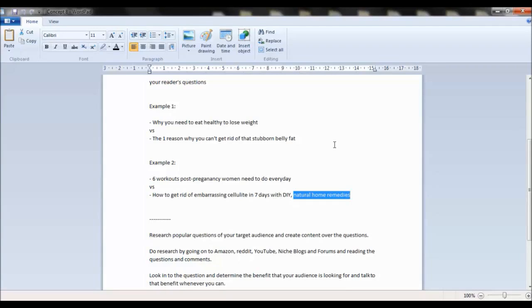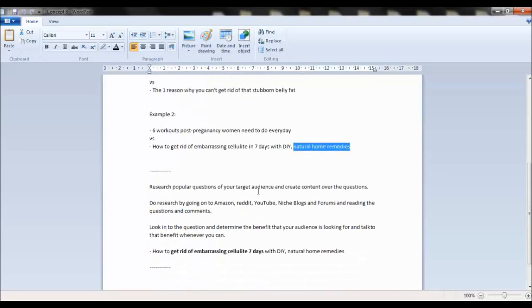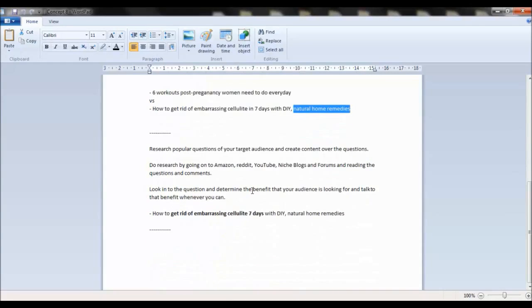So it's not just lose belly fat, it's the benefit after that. Okay, so I'm gonna talk about that a little bit later on in detail, but for now you want to do your research on all these different customer questions or the target audience questions, and then jot those questions down and create content to answer those questions instead of force feeding information.